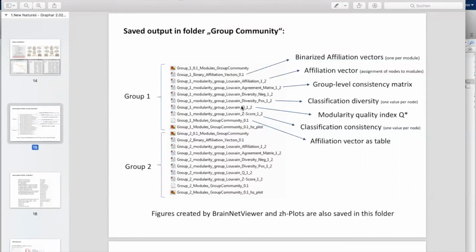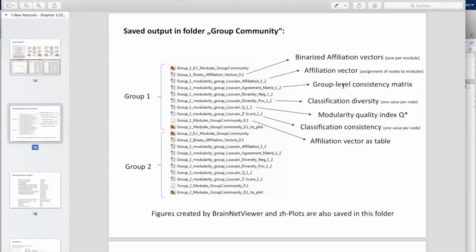But most importantly, I told you that it's basically a two-step procedure. We have the individual level computations, which are then taken to the second level computations. And the second level computations are based on this group level consistency matrix. On this matrix, the clustering algorithm, Louvain or Newman respectively, is run to determine the final cluster solution.